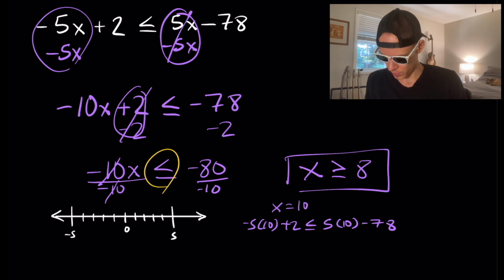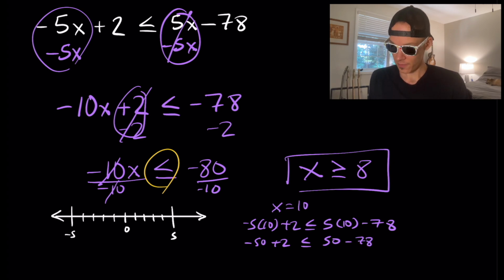So when I do multiplication here, I'll get -50 plus 2 is less than 50 minus 78. -50 plus 2 is -48, less than or equal to 50 minus 78, which is going to be -28.